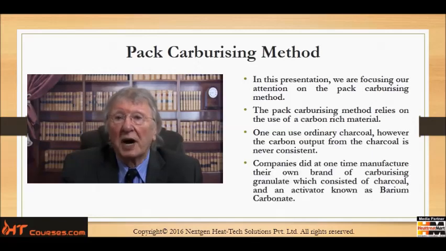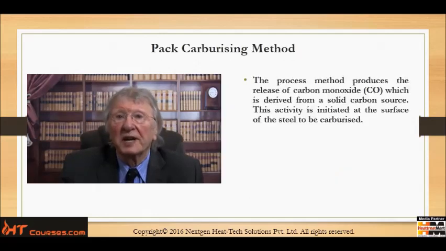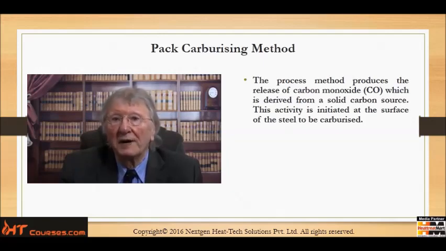Companies did at one time manage their own brand of carburizing granulate, which contained wood charcoal plus an activator known as barium carbonate. This product releases carbon monoxide, CO, which is derived from a solid carbon source. This activity is initiated at the surface of the steel to be carburized.